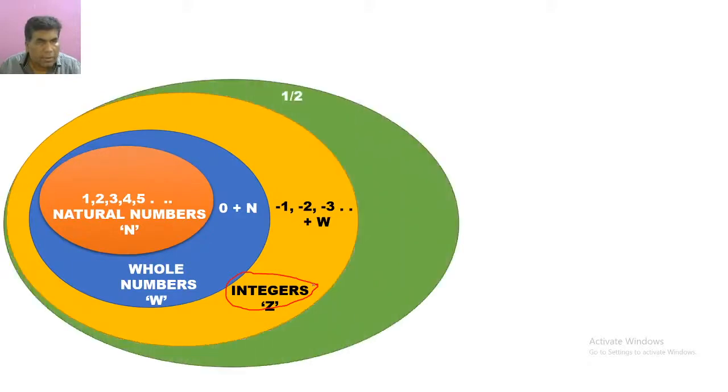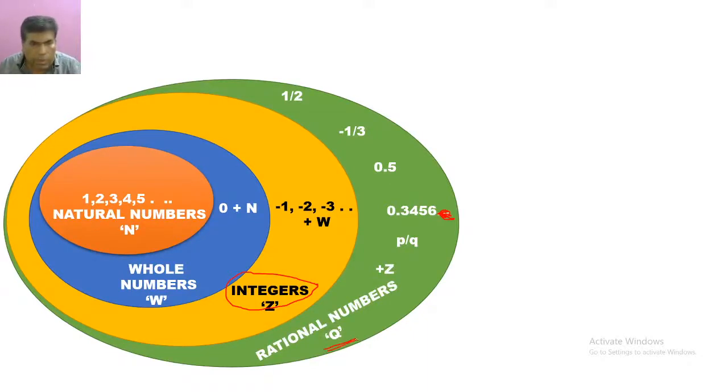Next, if we add fractions like 1 by 2, minus 1 by 3, 0.5, 0.3456 to integers, like p by q numbers, then what will come? Rational numbers, Q will come.